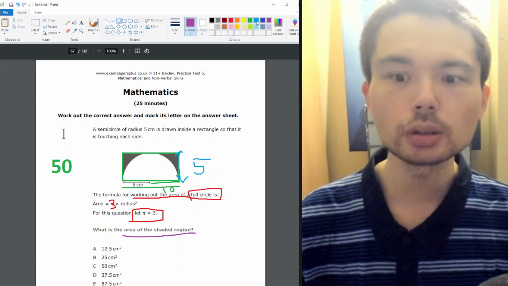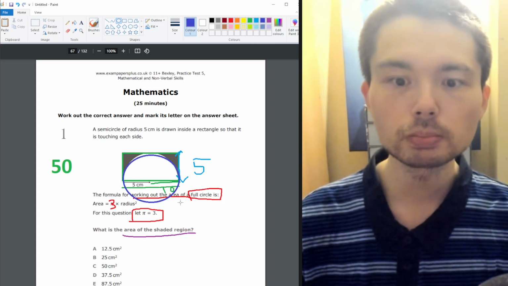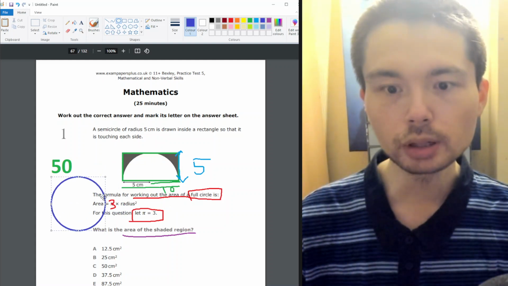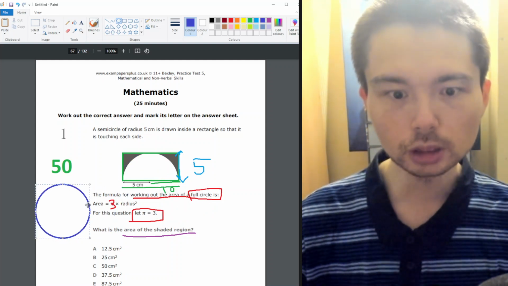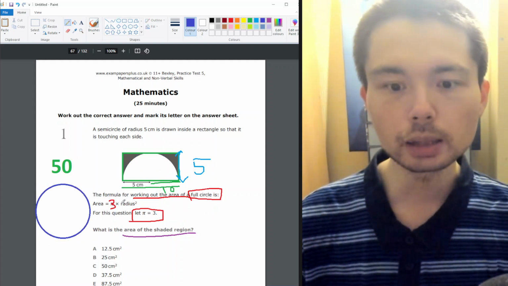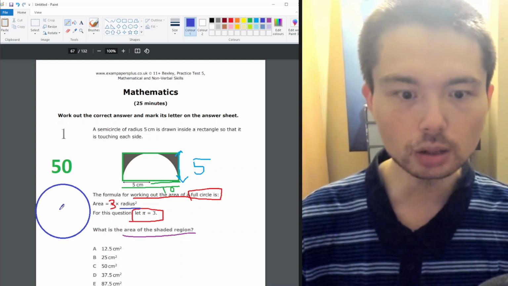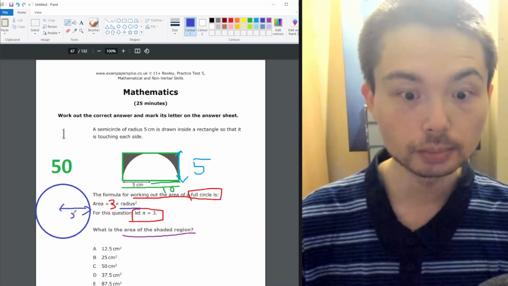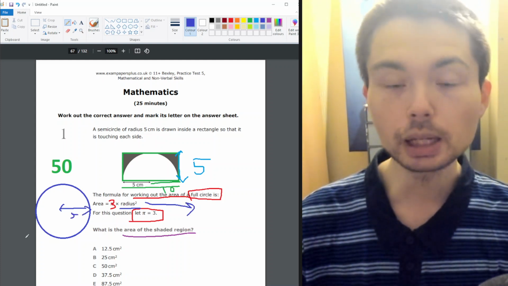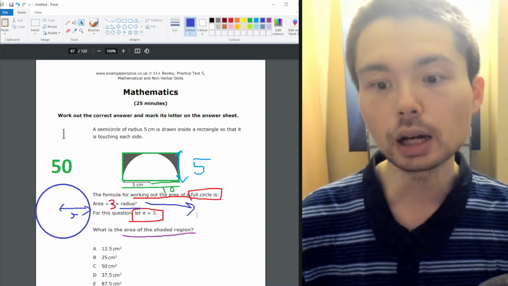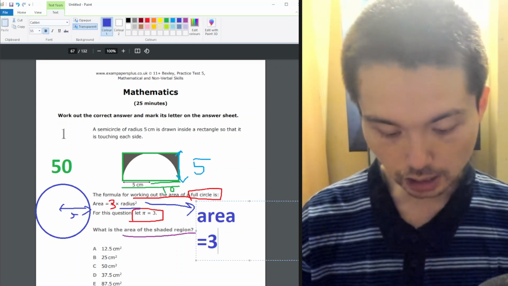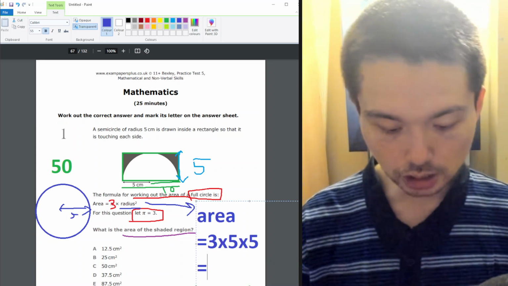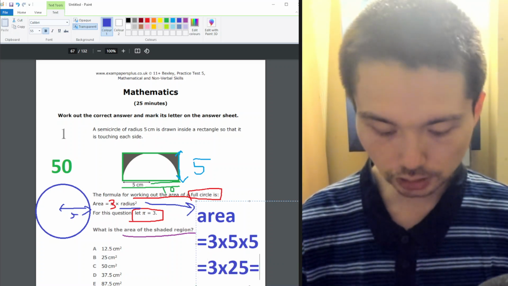Let's put that in purple here. So the area of the whole thing, because they're telling us it's a full circle, that will be 3 times radius squared, and we know the radius is 5. So it is 3 times 5 squared. So it is 3 times 5 times 5, which means 3 times 25, which is 75.